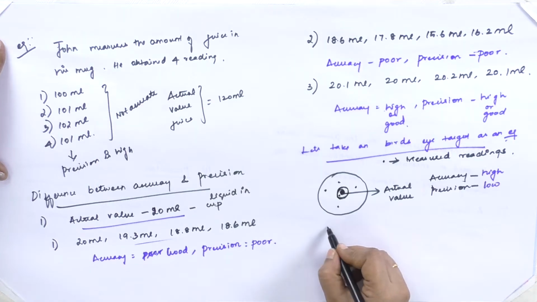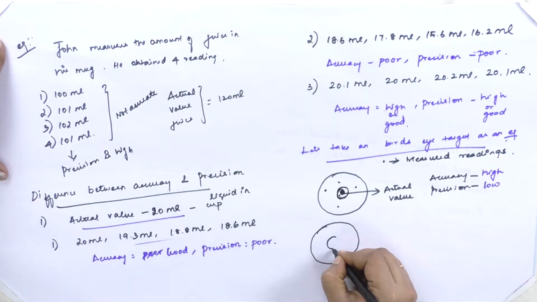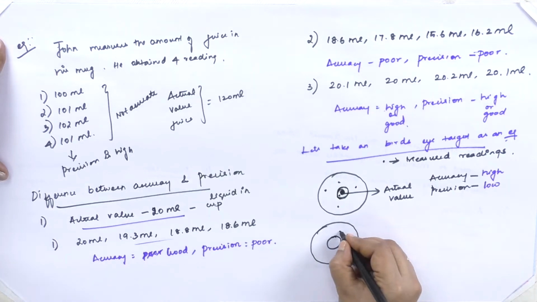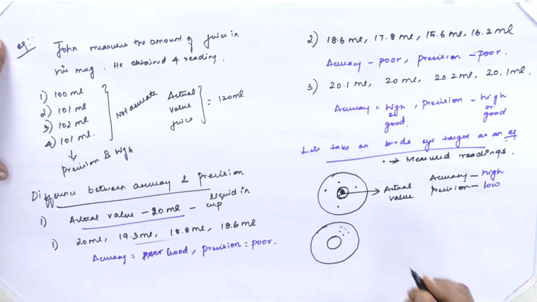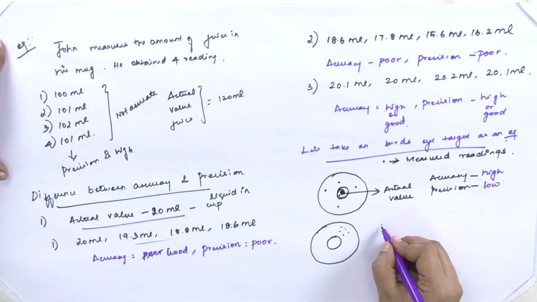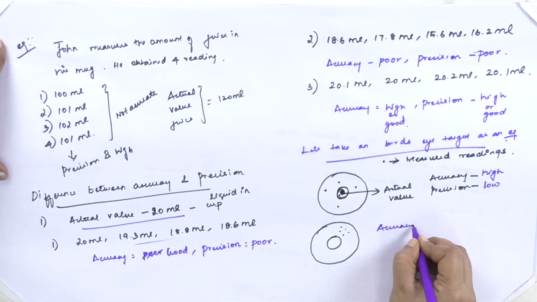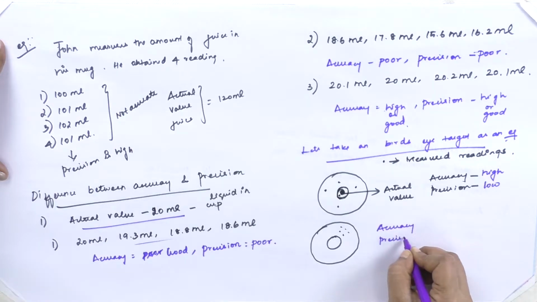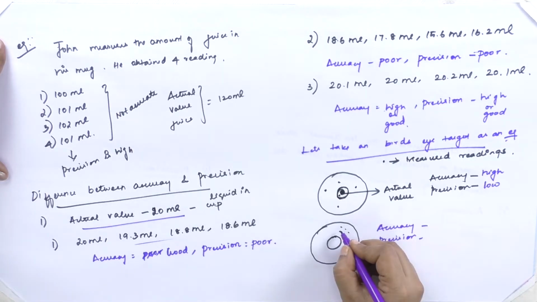Now let us take another example. I am drawing the outer boundary. This is the actual value. I am marking these 5 readings here. What about the accuracy and precision? The measured readings are represented by the dots.